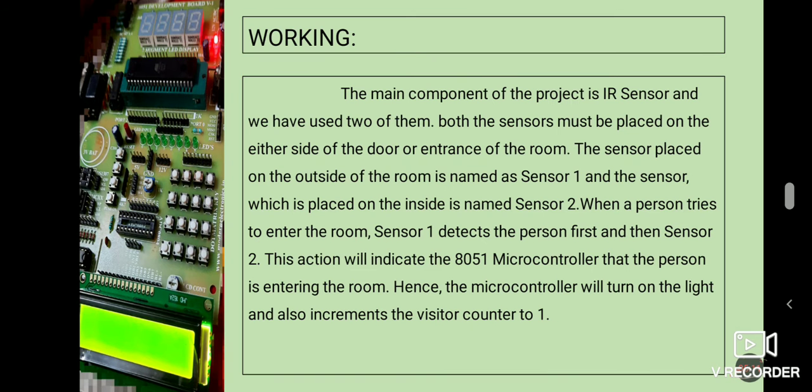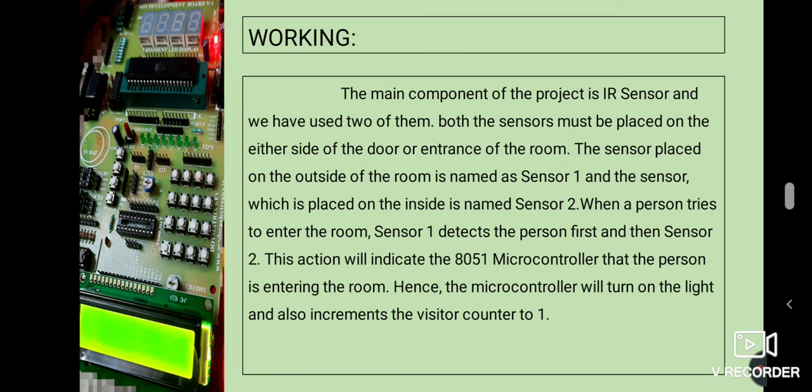Next, the working principle. We have used the IR sensor, which is the main component of the project. Here we are using two sensors, namely sensor 1 and sensor 2. Sensor 1 is placed outside the room and sensor 2 is placed inside the room. When a person tries to enter the room, sensor 1 first senses the input and then the second sensor senses it.